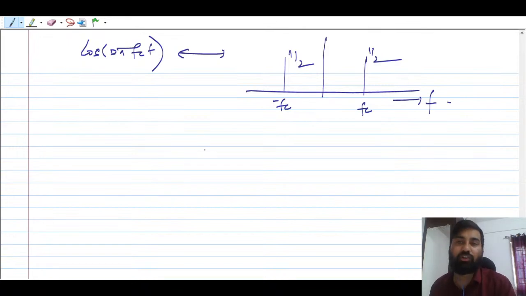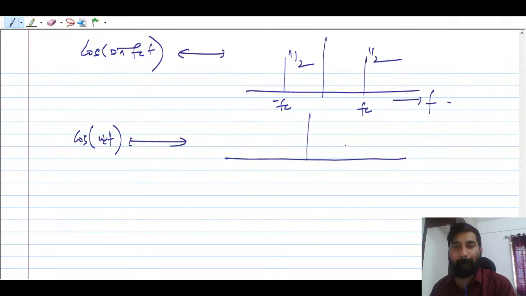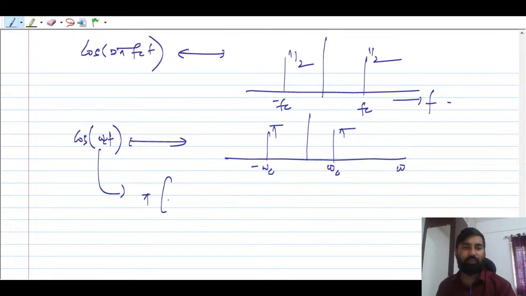But if I talk about the omega domain, cos omega c t, it is going to be impulses at omega c and at minus omega c, each of height pi, please remember. Because it has pi times delta of omega minus omega c plus delta of omega plus omega c.